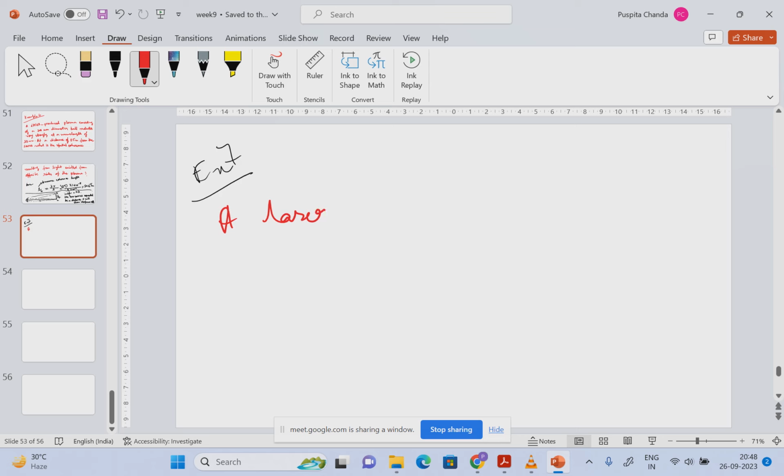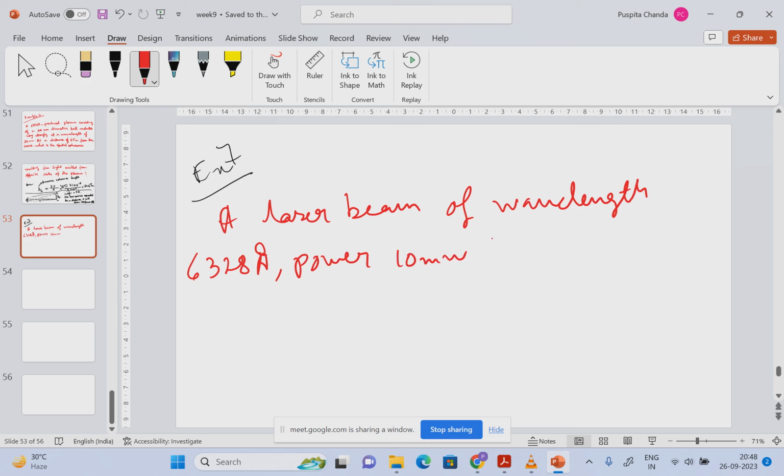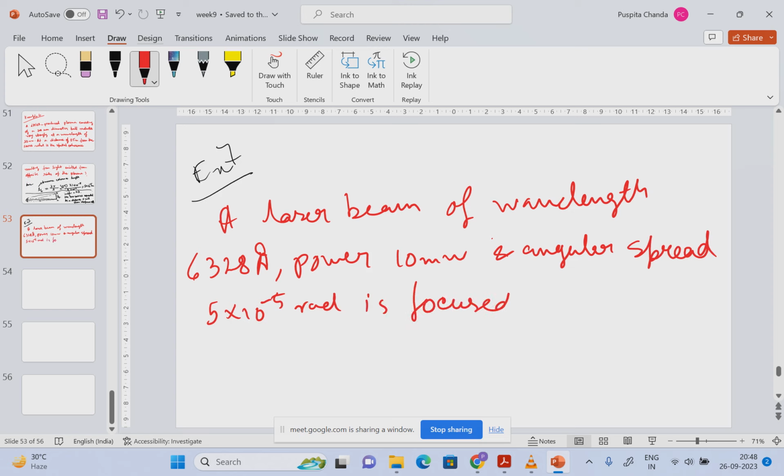A laser beam of wavelength 6328 angstrom, power 10 milliwatt, and angular spread 1.5 into 10 to the power minus 5 rad is focused by a lens of focal length 10 centimeter.